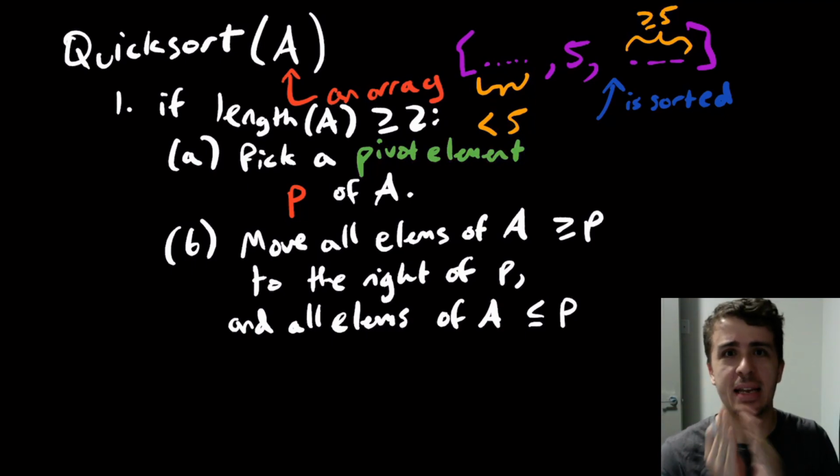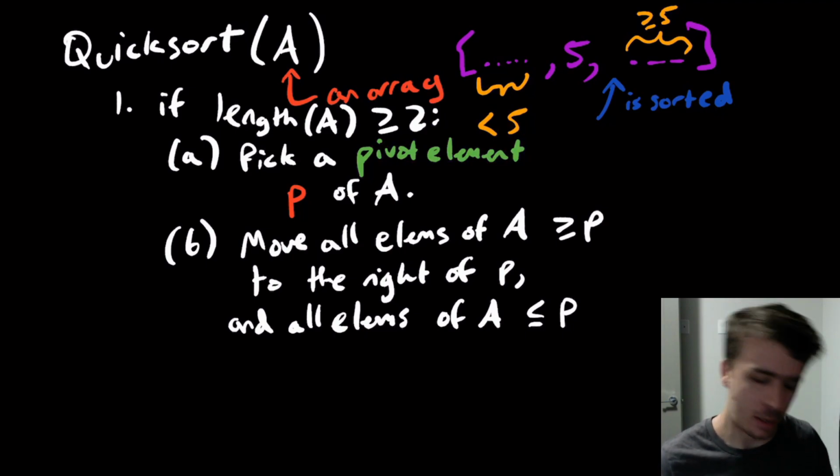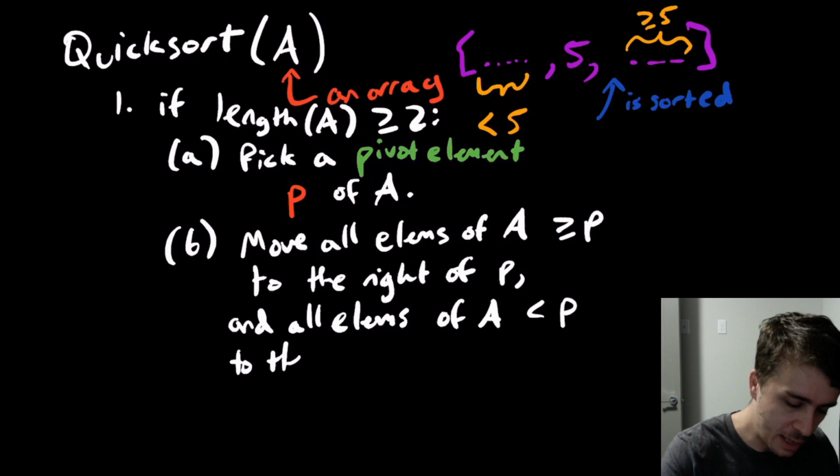So if they are equal to P, they go right. Since they're equal, it doesn't matter. So all elements that are strictly smaller than P go to the left of P.